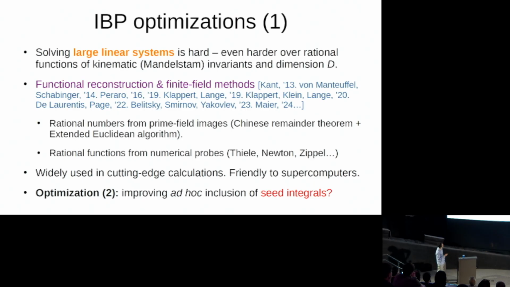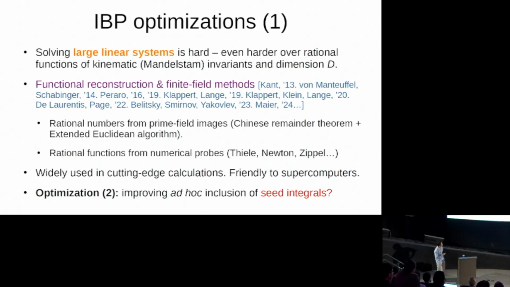And if you know the image modulo many different primes, you can reconstruct, with a very high probability of correctness, the actual rational numbers. And then you can reconstruct rational functions by numerical probes through techniques such as Taylor interpolation and Newton interpolation.